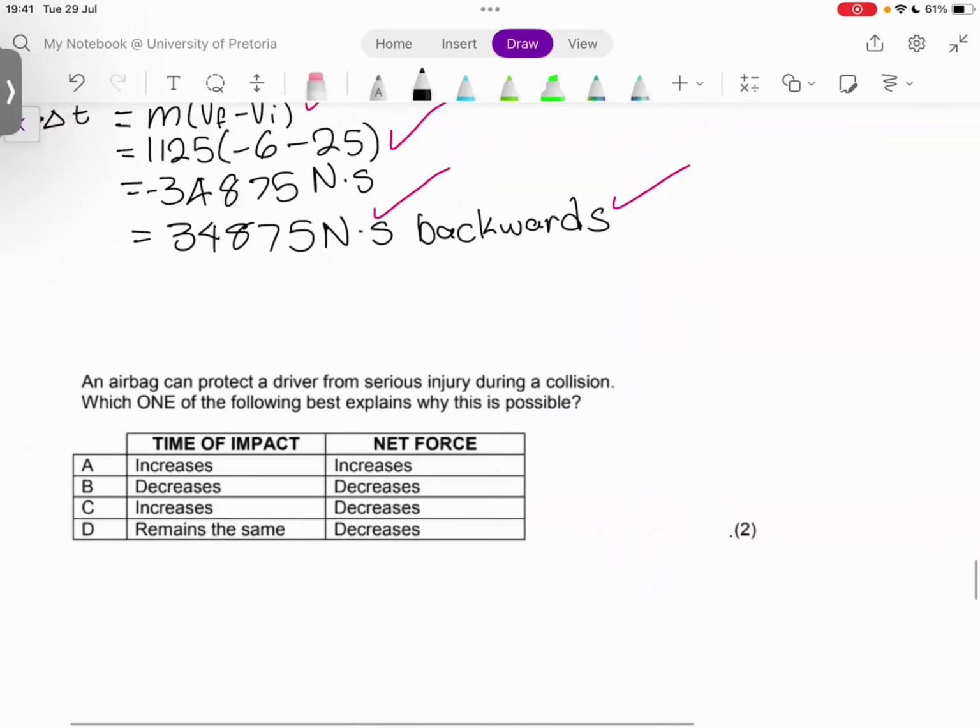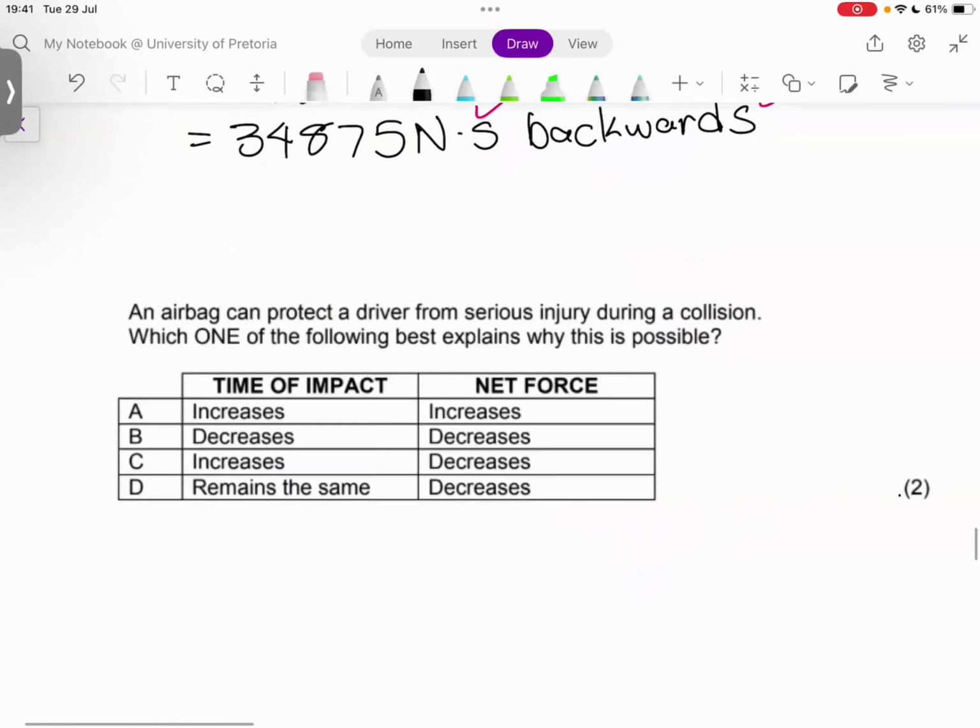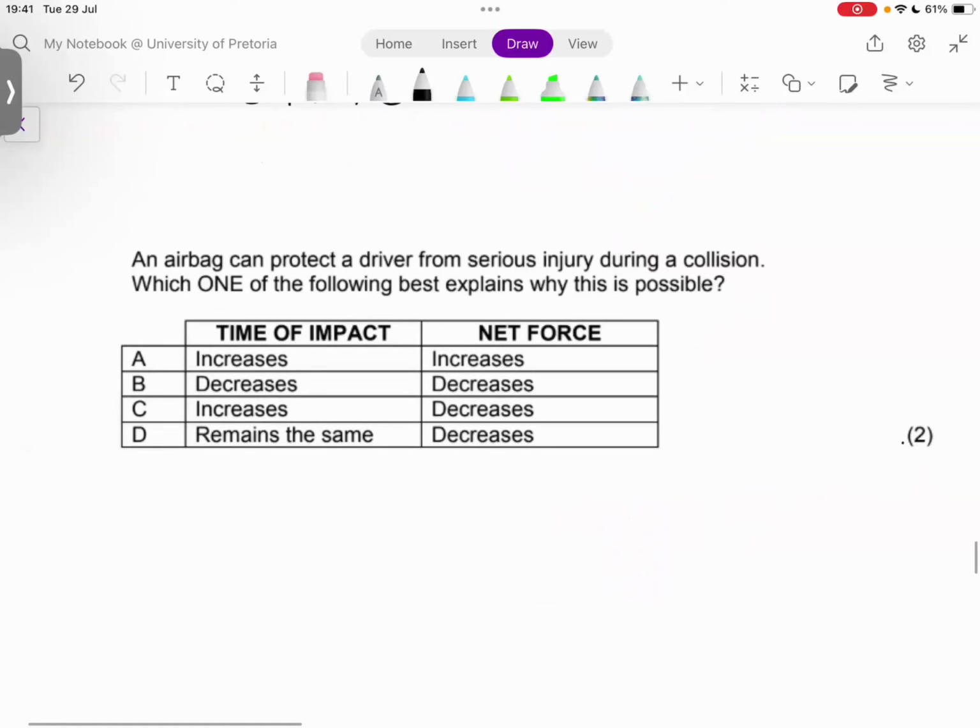We have a multiple choice question over here. An airbag can protect a driver from serious injury during a collision. Which one of the following best explains why this is possible? Would it be option A, the time of impact increases, the net force increases?